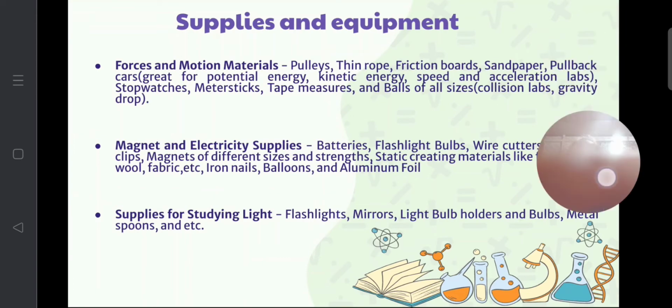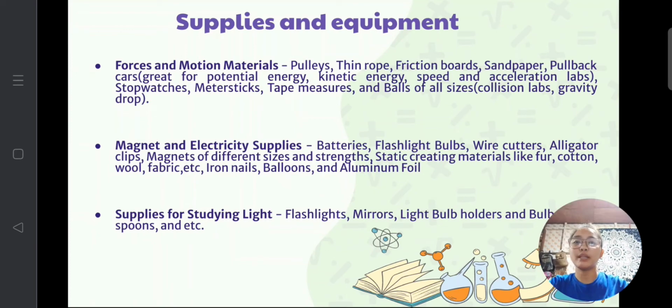So, the forces and motion materials. There are so many labs that you can do with balanced and unbalanced forces, speed, acceleration, and types of energy. Gather simple materials that can be used in many ways.